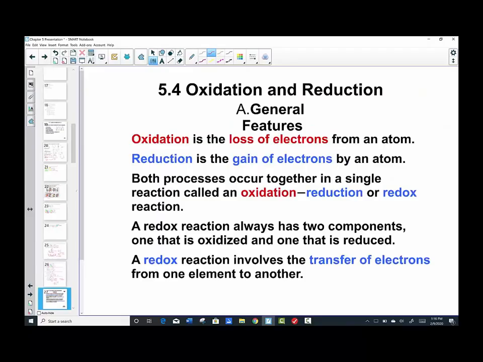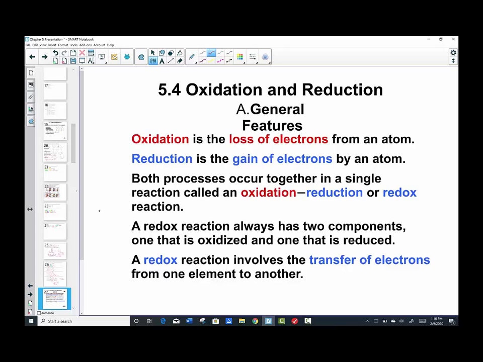When we think about another pattern of change, this pattern of change is known as oxidation and reduction. I'd like to discuss what this means in this lesson as well. So we're looking at the bottom of page 5, oxidation and reduction. Oxidation we are going to define as the loss of electrons. The reduction is the gain of electrons.